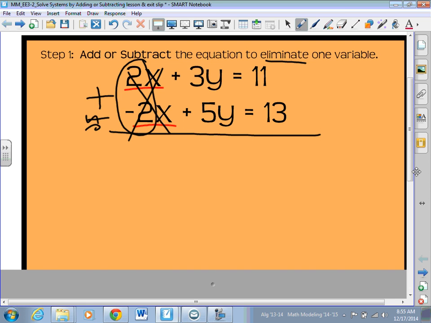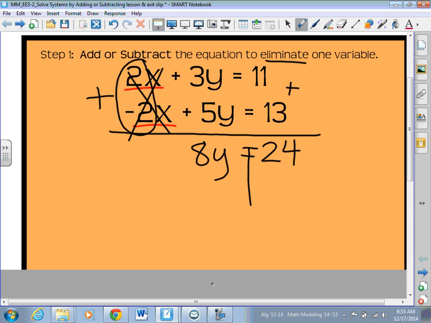So I have 3y plus 5y, and 3y plus 5y is going to give me 8y, and that's going to equal, and I add the numbers at the end too, 11 plus 13, which is going to give me 24. So if you look here, my variable canceled out, and I can now solve for one of my variables, which is y. Isn't that great?